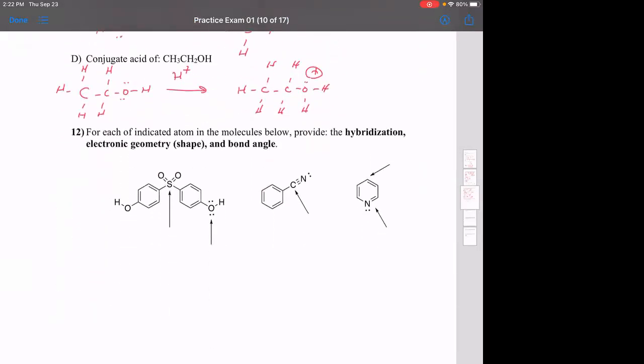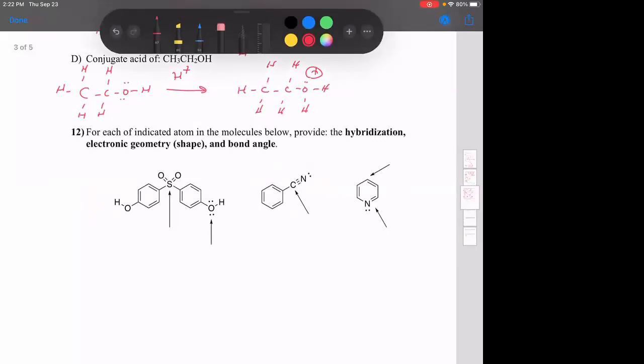For each of the indicated atoms in the molecule below, provide the hybridization, electronic geometry, and bond angle. If we look at sulfur first, off to the left, how many things is it attached to? Four. So it's sp3. As soon as you hear sp3, you know that's going to be tetrahedral, 109.5. Same for oxygen: four things, sp3.